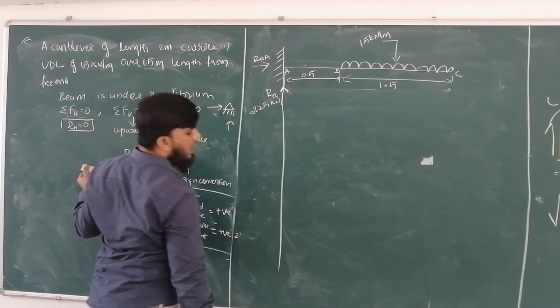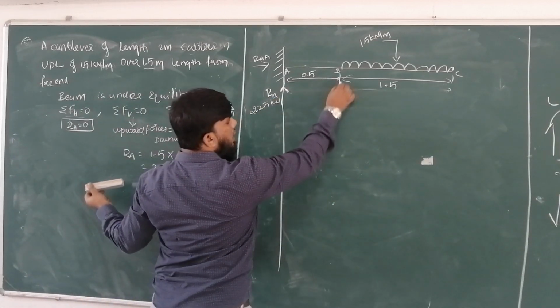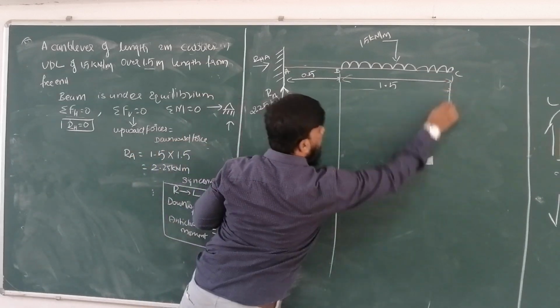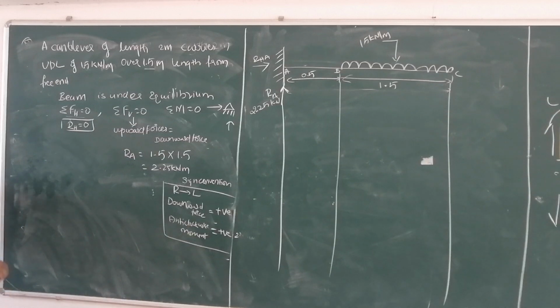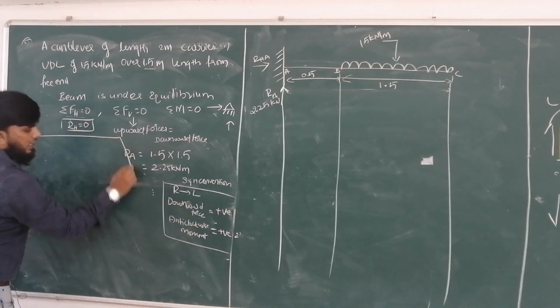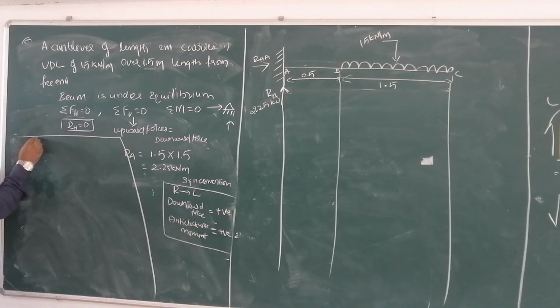Before drawing the shear force diagram, I will extend the lines, that is, the ends of the loads. Now I will do the shear force calculation here. What is the way we have to start?